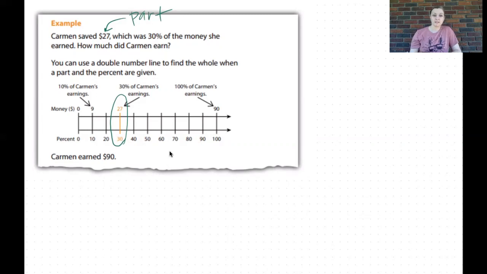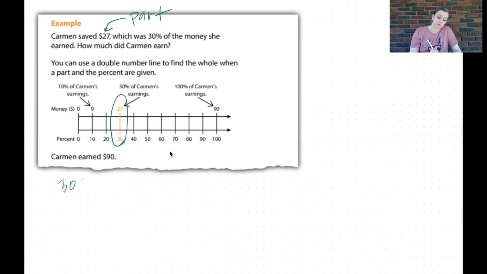The way that they did this here with the double number line diagram was they said, well, for 30, right, I'm going to break it up into 10 sections again. Wait, I got this backwards. I'm sorry.